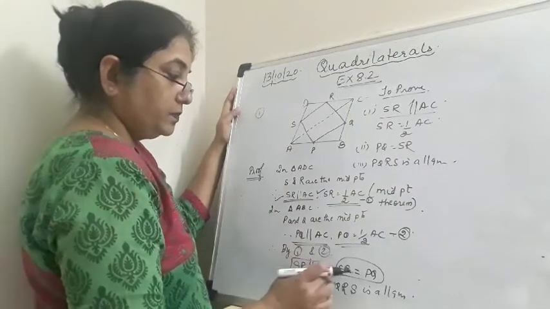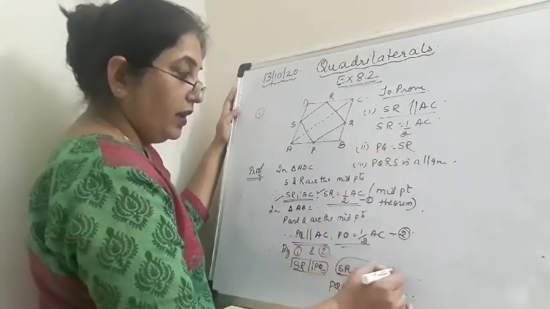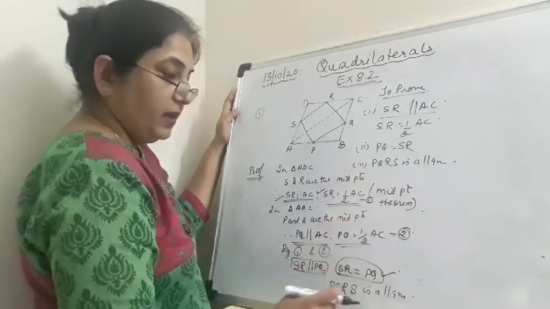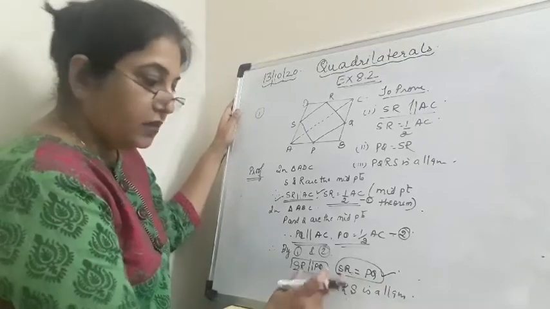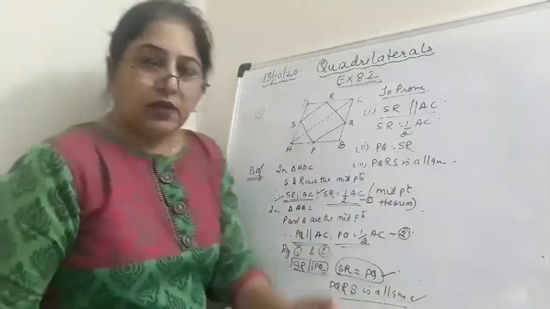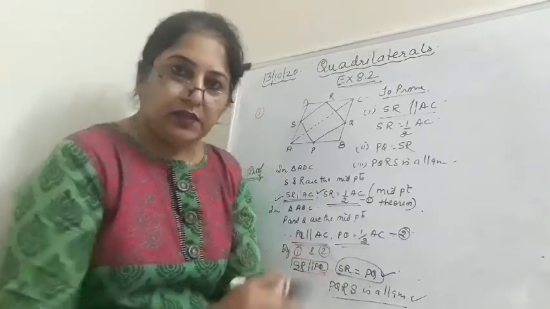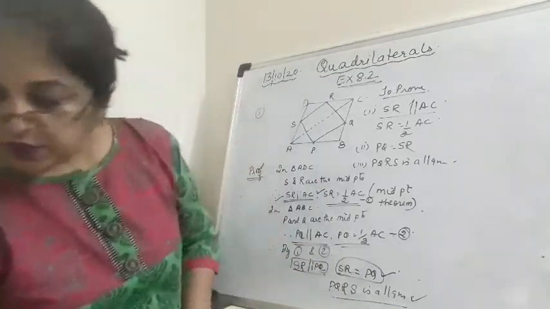PQ is equal to SR, done. And since opposite sides are equal and parallel, you will mention the reason, PQRS is a parallelogram. So question 1 is complete. So easy it is.